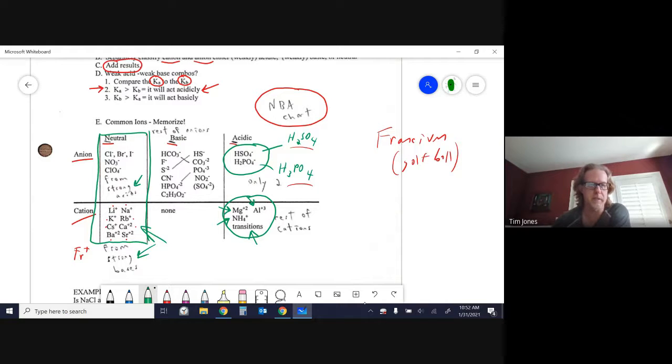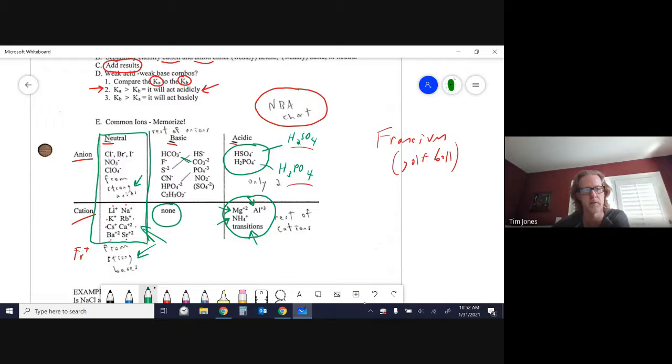Now, the basic cations, there are none. So, okay. The basic anions, this is the toughest part to memorize. And what I've done is I've tried to pair some of them up. So you've got HCO3 minus 1, and then if it does have its hydrogen taken, you have CO3 minus 2.